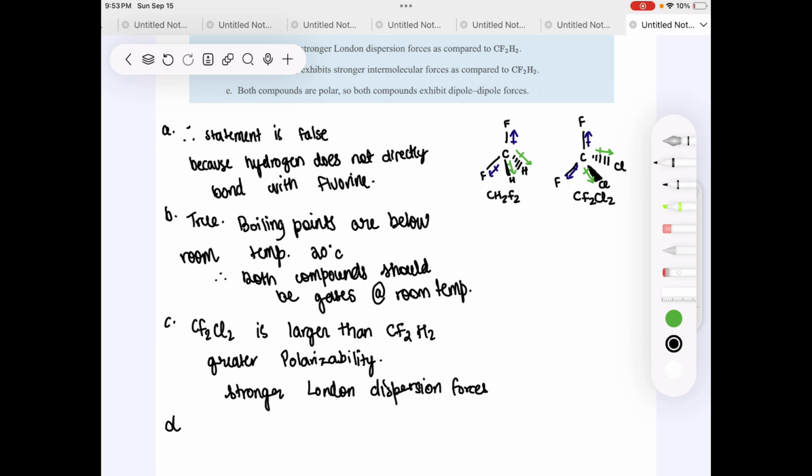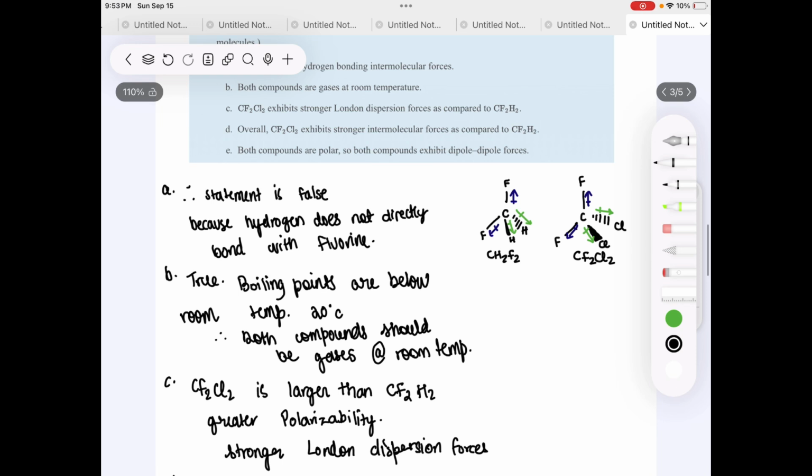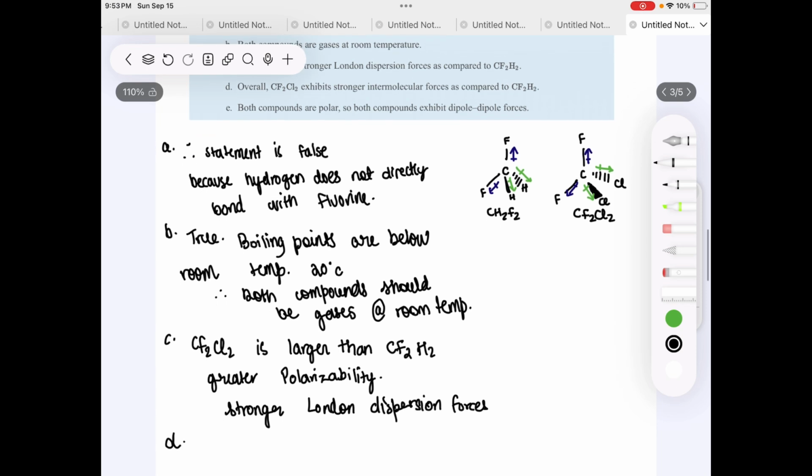Option D. Overall, CF2Cl2 exhibits stronger intermolecular forces as compared to CF2H2.